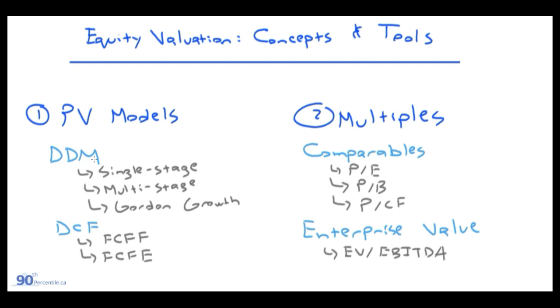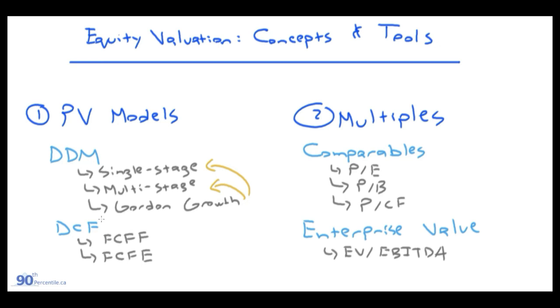So we're going to go over, like I said, DDM or dividend discount models. We can look at a single stage dividend discount model where we just have one growth rate. We have a multi-stage dividend discount model where we have a couple growth rates. And then we'll also look at the Gordon growth model, which is incorporated into both of these.